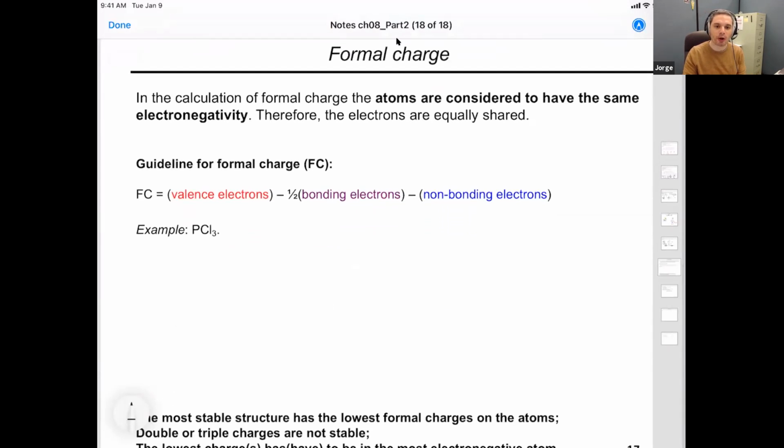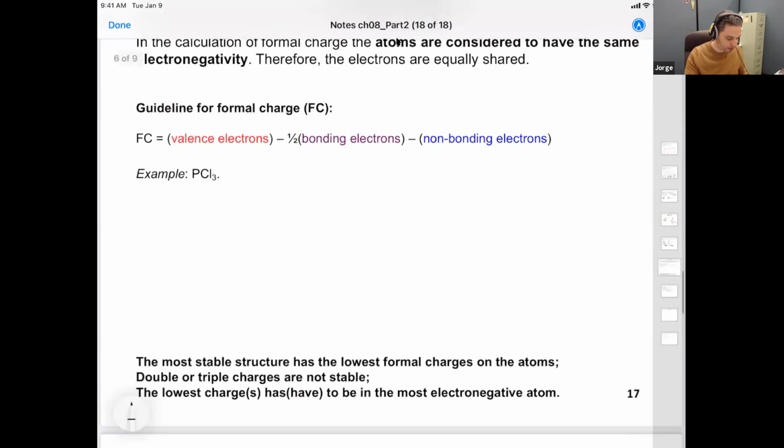Formal charge will help us to choose among several structures which one is the most stable structure for a compound. And the rule of thumb here is that every time you analyze multiple possibilities for a compound, the most stable structure has the lowest formal charges on the atoms.